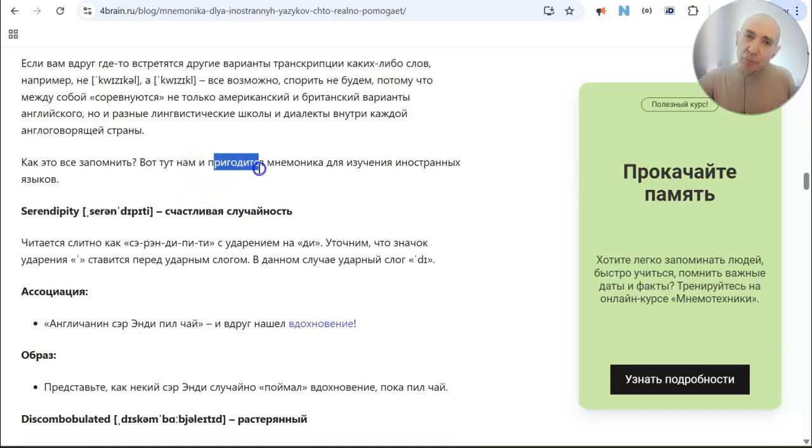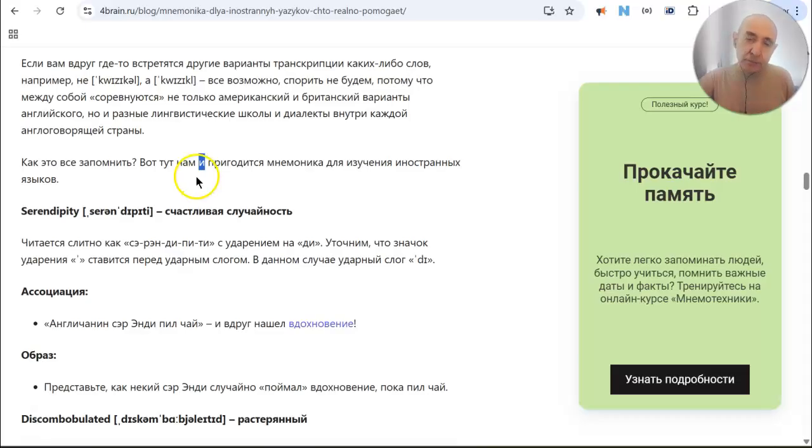So пригодится means will be useful. And нам пригодится, нам means to us. So to us will be useful. And и here you can just skip. It's kind of a helping word, but it doesn't have a lot of meaning here.